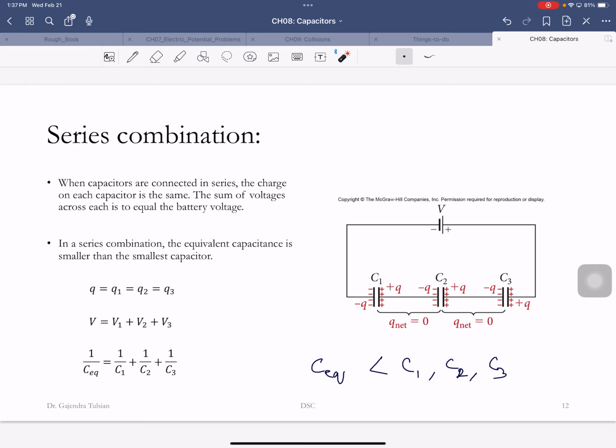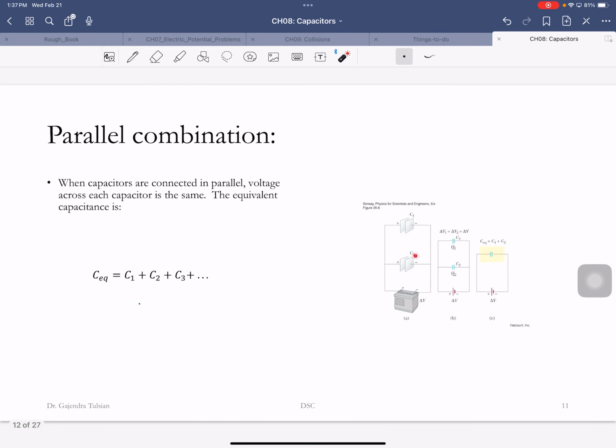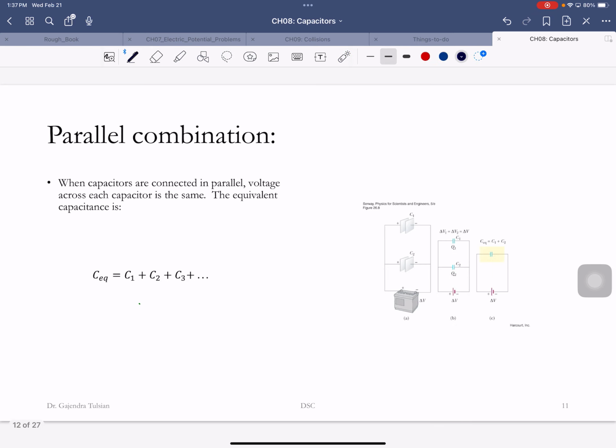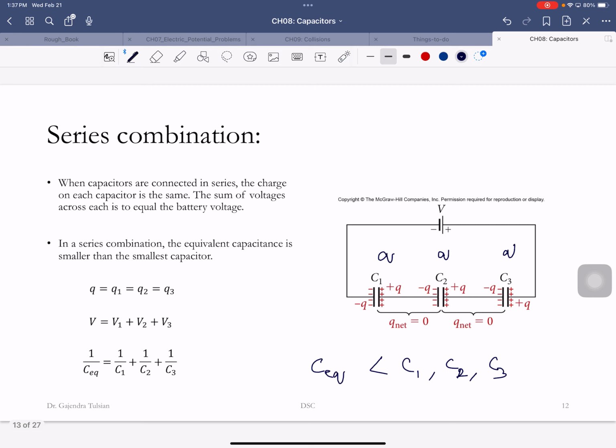In a parallel combination, they have the same voltage. In a series combination, they have the same charge. The voltages will be such that the voltage across 1 plus voltage across 2 plus voltage across 3 will add up to the battery voltage.